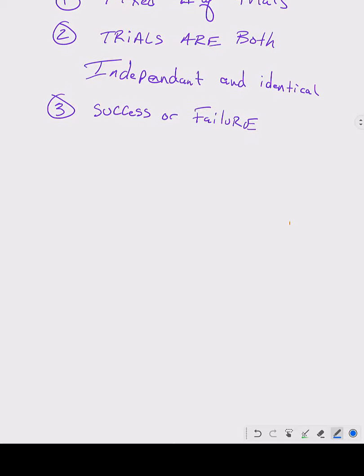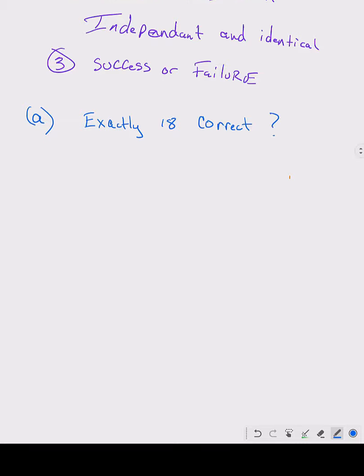Okay, so part A. It asks what is the probability that a subject would guess exactly 18 correctly. For exactly, we use the binom PDF because that's exactly.